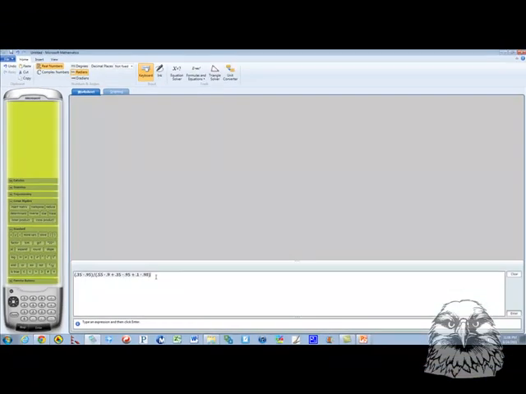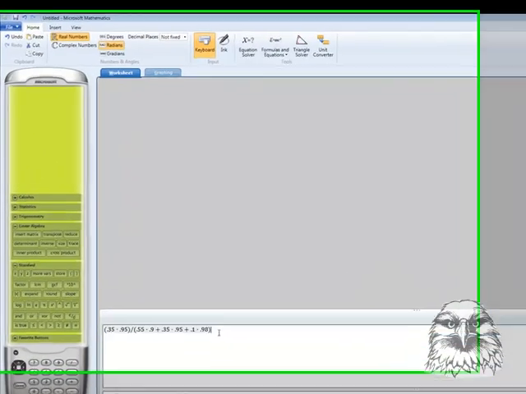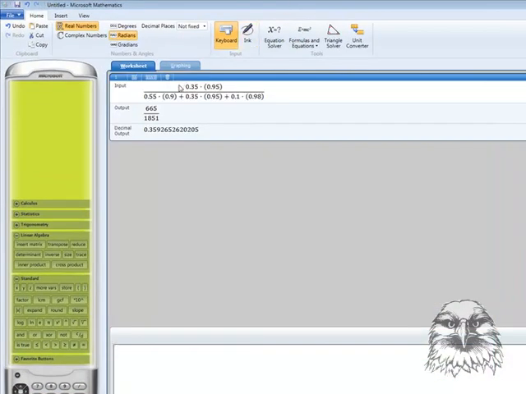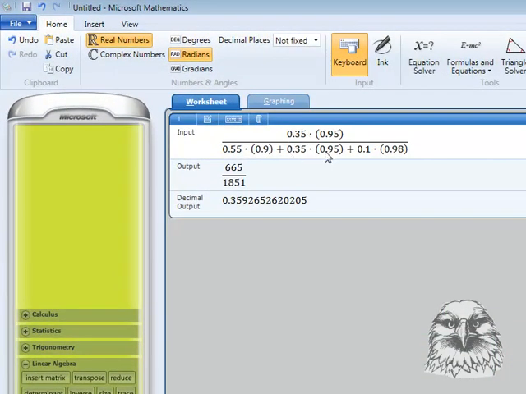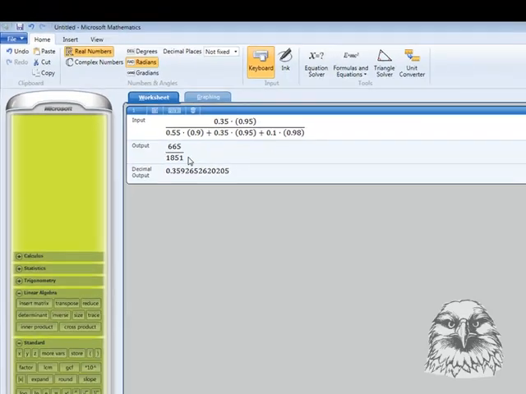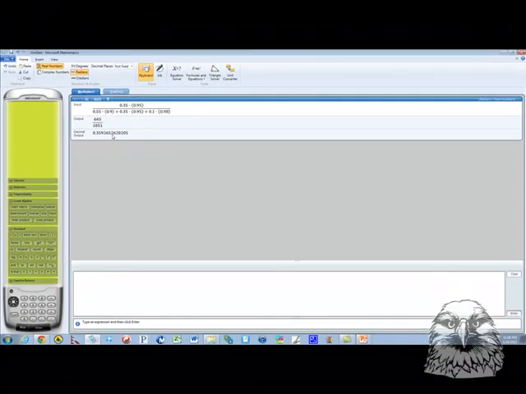And on this calculator, it's kind of nice, because as soon as I hit enter up here, you're going to see that this comes out exactly the way I had written it on the PowerPoint. The nice thing here is this gives us our answer both as a decimal approximation and a fraction output. I tend to prefer the fraction output because it's exact, although the decimal output is extremely accurate.